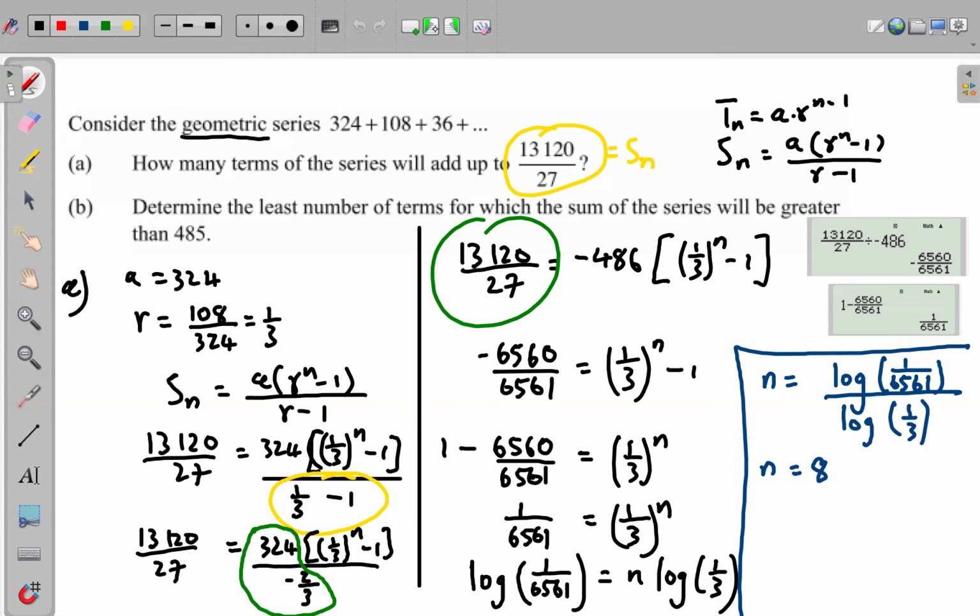So how many terms can you add at the least such that they will add up to a number that is bigger than 485? I need you to get to that level where you read a question and you can actually interpret and understand fully what it means. So give yourself time to read and process.